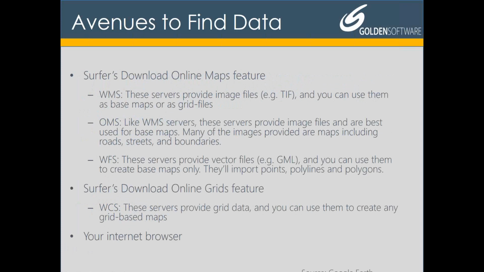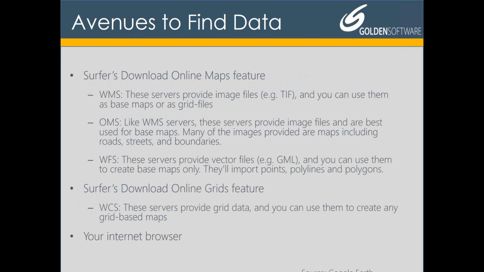Surfer employs a few different types of servers within this functionality. First, we have the WMS servers, and these servers provide image files such as a TIFF, and then they can be used as base maps and also as grid-based layers. But please note it's just an image, so there won't be any z-value associated with these.